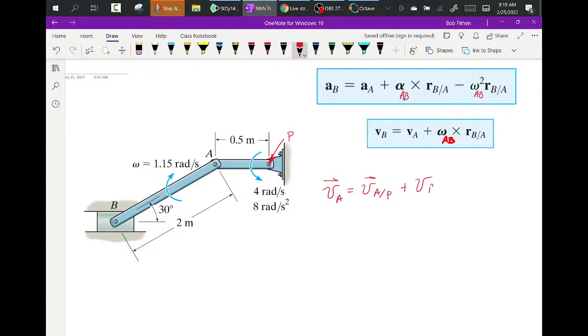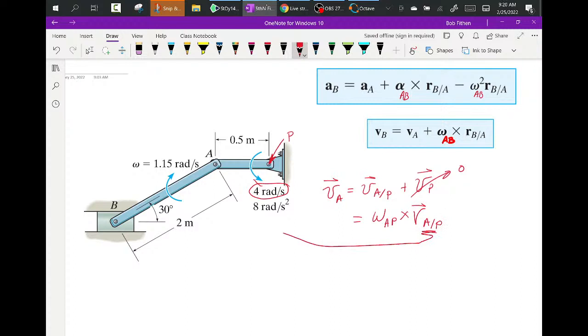Plus velocity of the pin. Pin, 0. This becomes omega AP, which is this. This is the link PA or AP, crossed R AP.